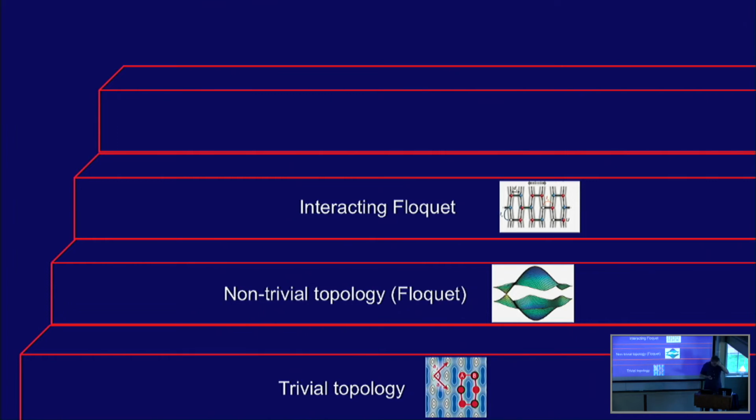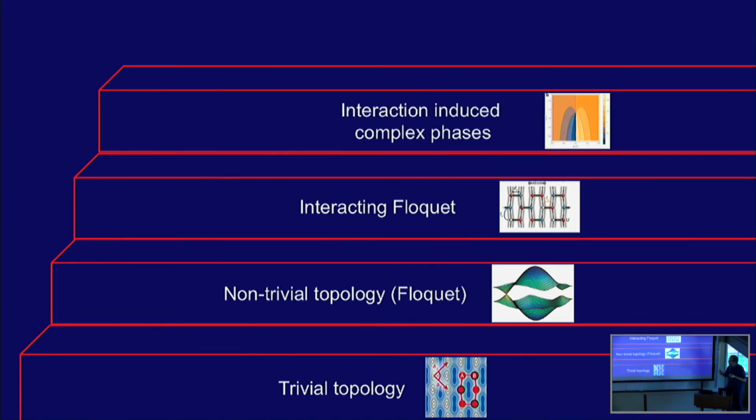And then one could wonder, can one get a step further, that these interactions induce phases when hopping? That's specific to when there is a neighboring atom that you can get a certain phase. And there again, you would start to do that on double wells, on a simple system to understand how it works.